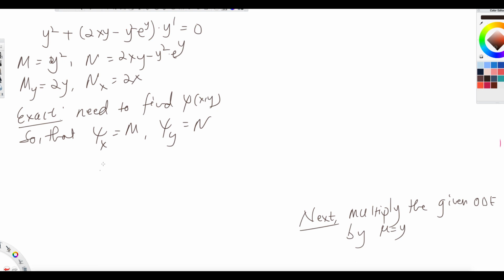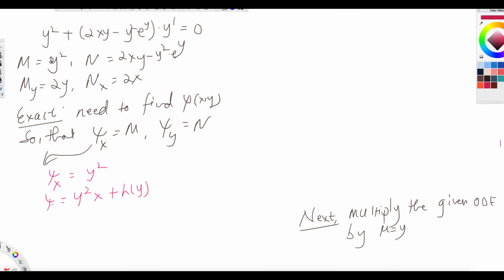Similar to the previous one, after you know that it is exact, you do exactly the same way as the previous one. Now we take the first one and integrate this. Psi sub x equals m, and m is y squared, right? Now integrate this with respect to x. You get psi equals y squared x plus h of y.